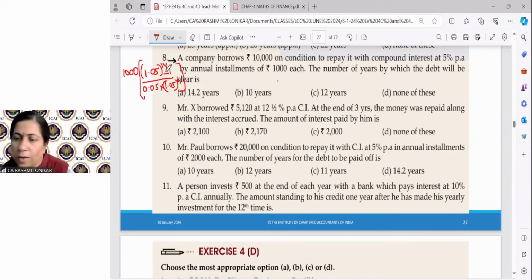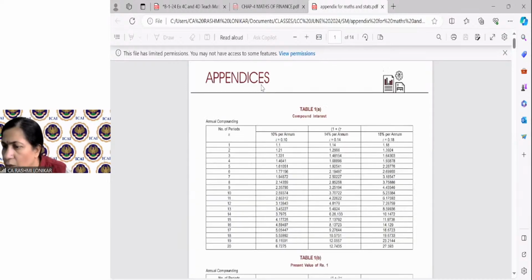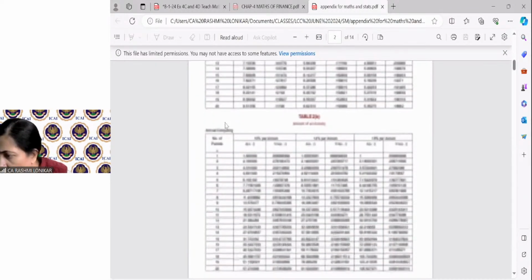Now I can see the tables. Let me see if I have the tables. Okay, 5%.